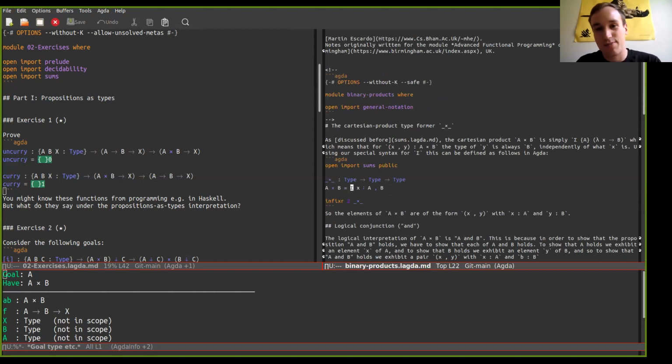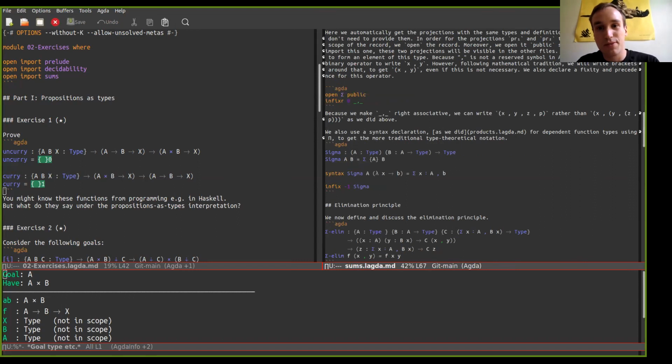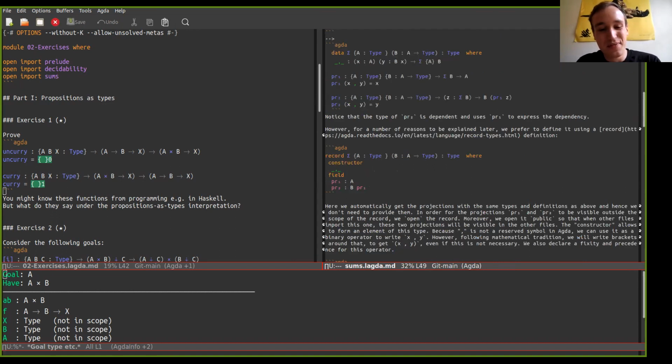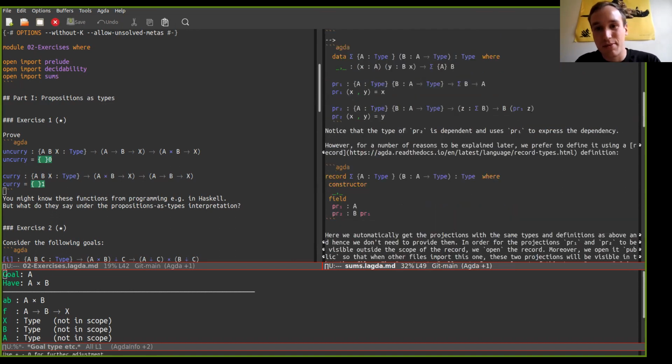We see it's defined as a sigma type where the second argument is independent of this x here. But you can jump to the sigma type, and this is again some fancy syntax. Finally, we get to the definition, a bit bigger.